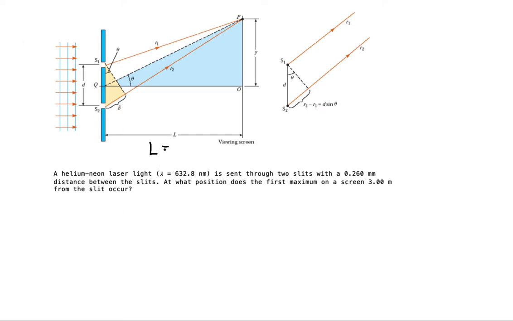So they're saying that the length L is 3 meters. Pretty large distance between the barrier and the screen.